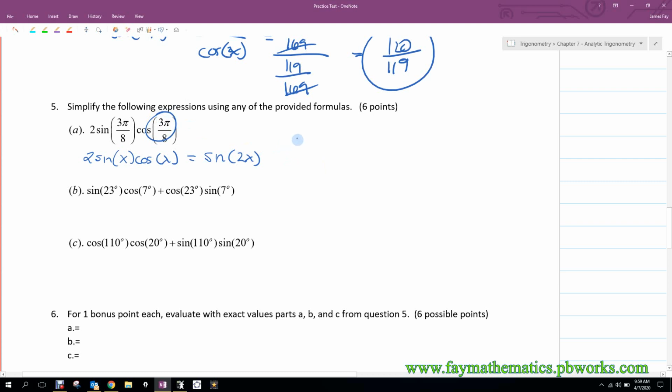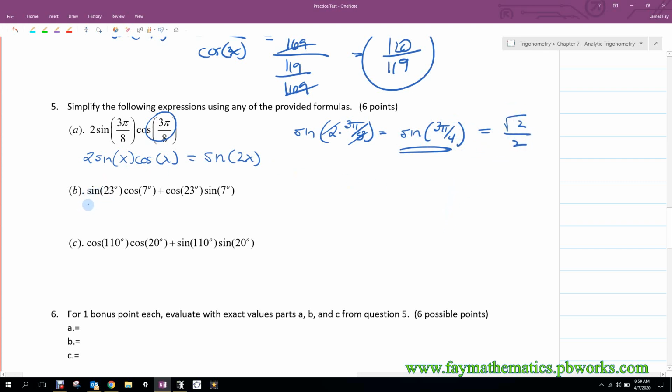So what we're looking for here is for you to rewrite this as sine of 2 times 3 pi over 8. Well, that's going to cancel, leaves me sine of 3 pi over 4, and now that should be something we can evaluate. The sine of 3 pi over 4, radical 2 over 2.